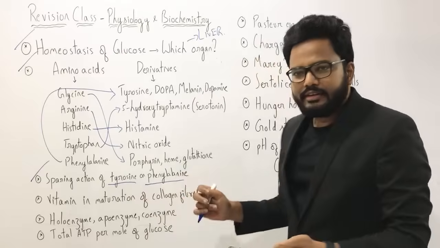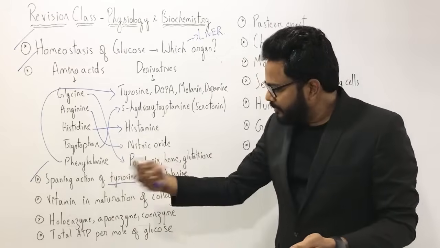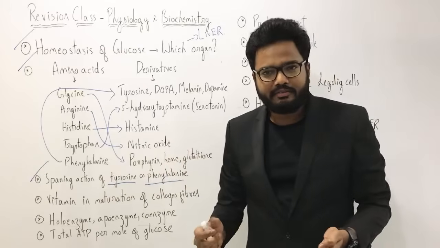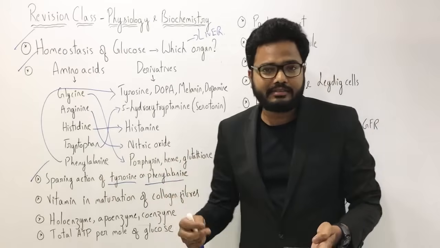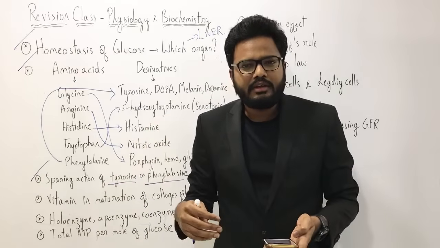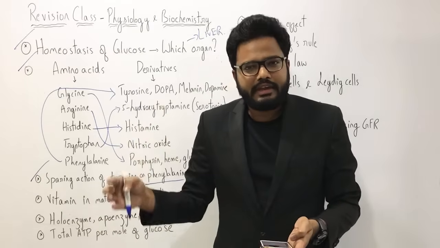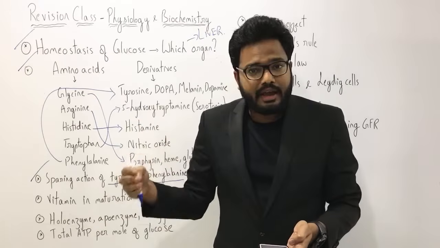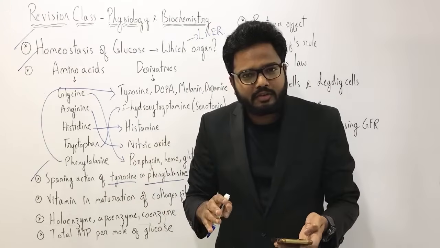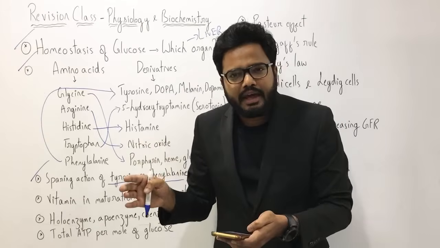Since phenylalanine leads to formation of tyrosine, tyrosine is non-essential, whereas phenylalanine is considered to be an essential amino acid. So when you consume tyrosine, there can be reduced intake or no requirement of phenylalanine in your diet. So this is called the sparing action of tyrosine on phenylalanine.